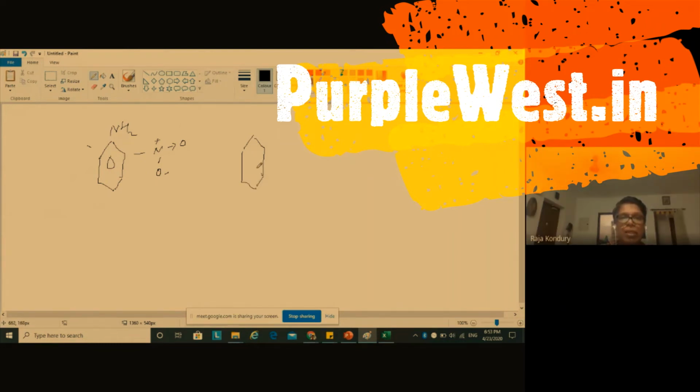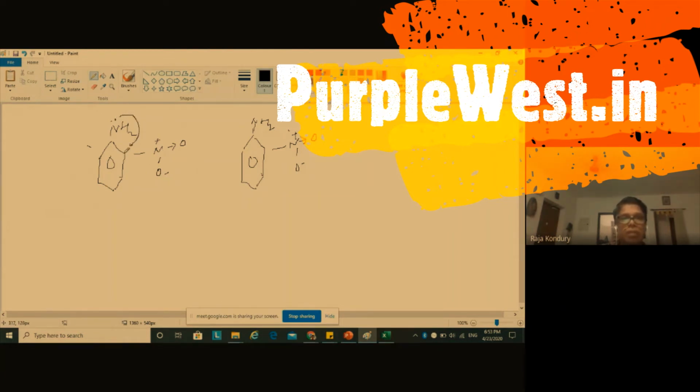Now you have to show only the negative charge which is moving because of the amine's nitrogen. Let me show one example. So I'm showing this amine's nitrogen going to the ortho position.